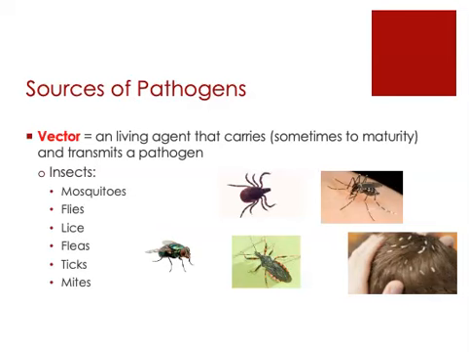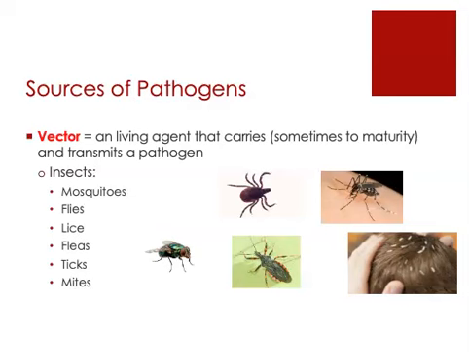Now, I mentioned ticks a minute ago, and ticks being involved in the transmission of the bacterium that causes Lyme disease. Any living thing that can transmit a pathogen from place to place is called a vector. So a vector is a living agent that carries a pathogen inside of them and transmits it to other susceptible host organisms.